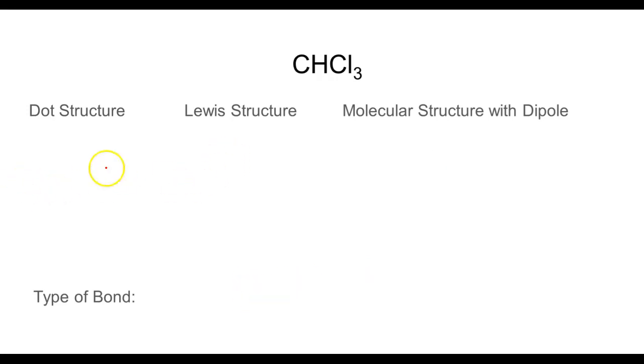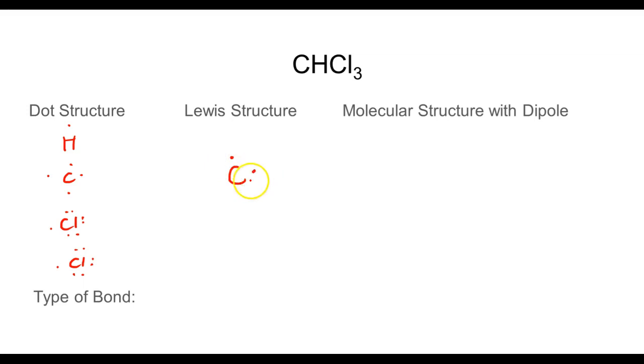Let's try one more. In this case, we have hydrogen, we have carbon, and we have chlorine. In fact, we have 3 chlorines. Okay, so how are we going to arrange these? The way that I like to do it is which is the element that has the most bonding sites, and carbon clearly has 4 bonding sites.